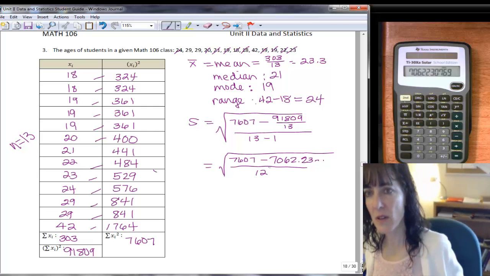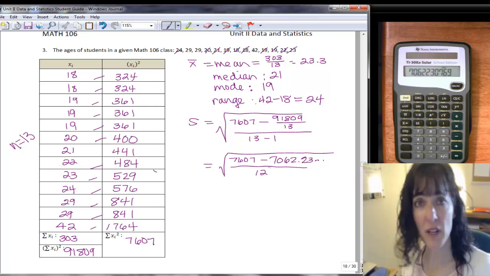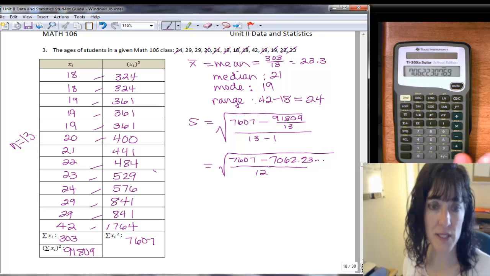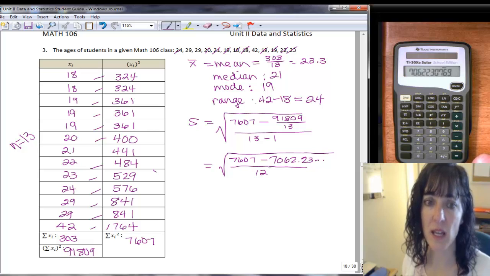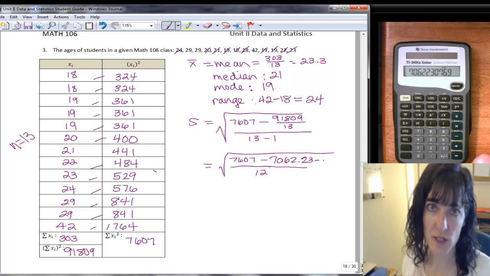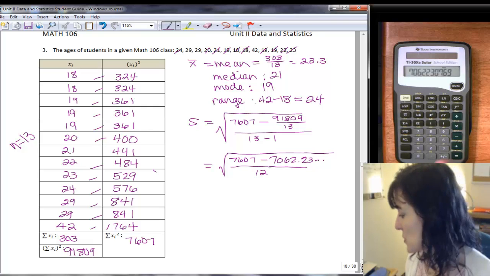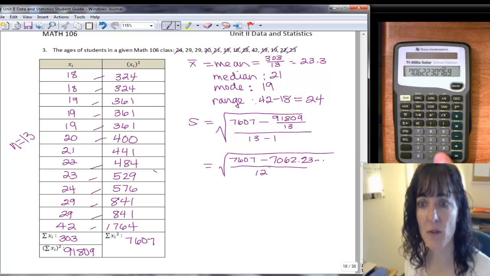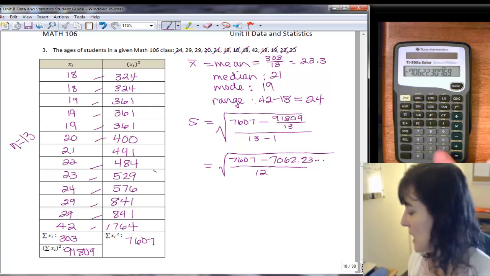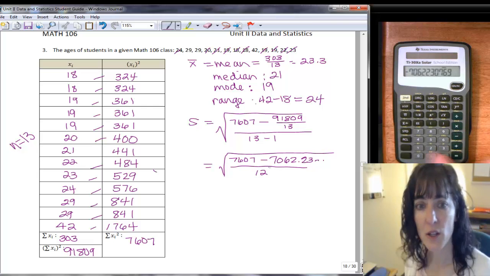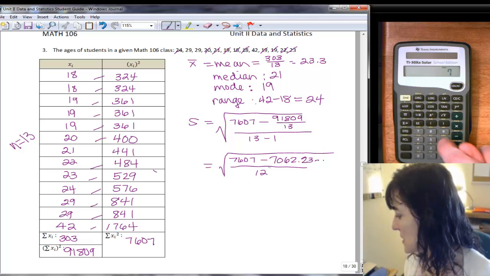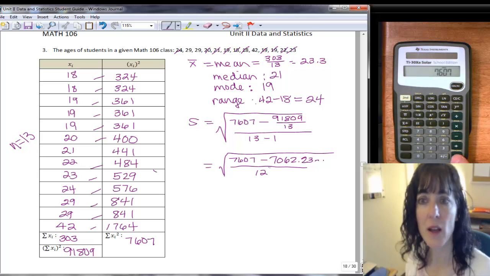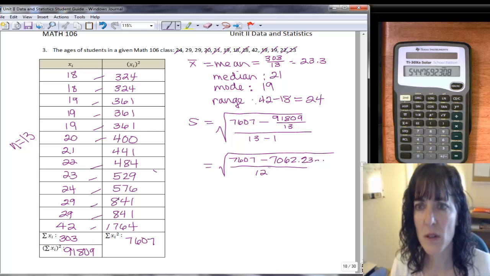So 7,062, that one I need to subtract from the 7607, which is the same thing as taking a negative 7,062 plus the 7,607. So I'm going to just switch my sign right here to a negative, push that, and now it's a negative 7,062.23, and I can add it to the 7,607 and push the equals.